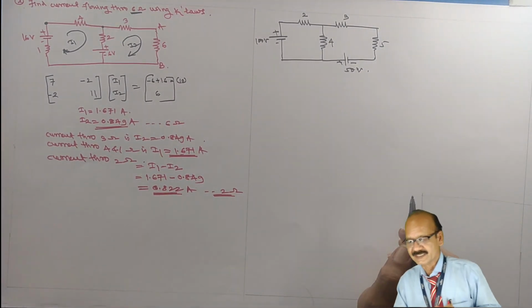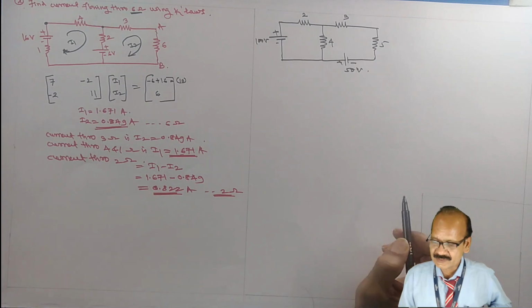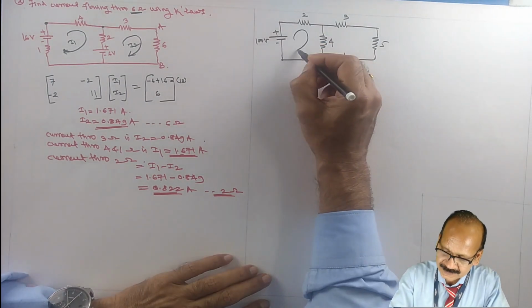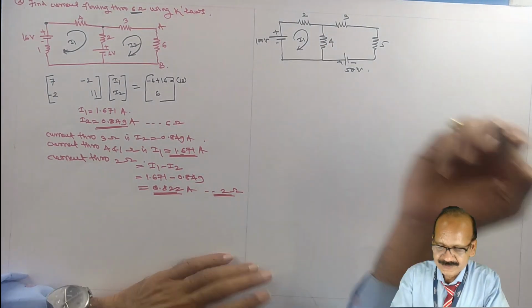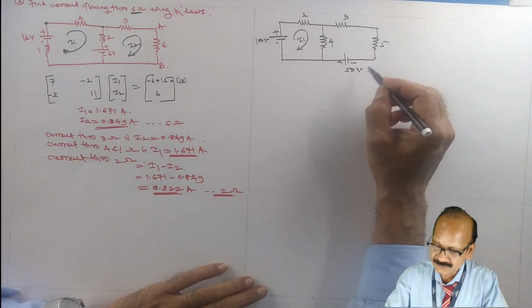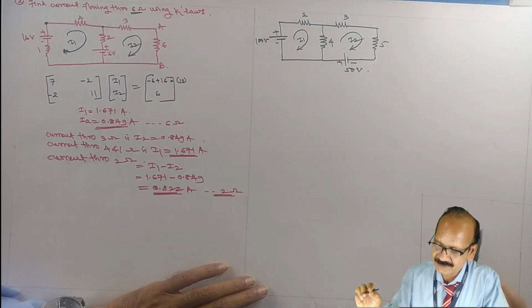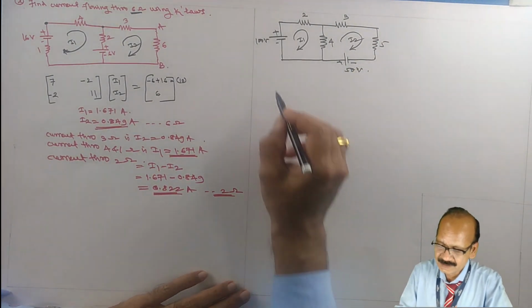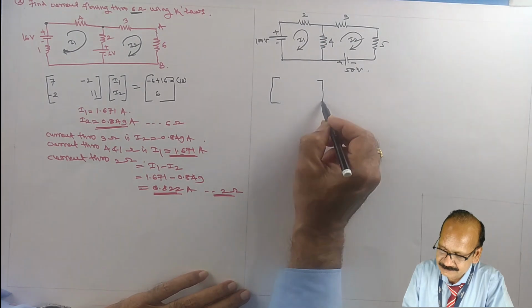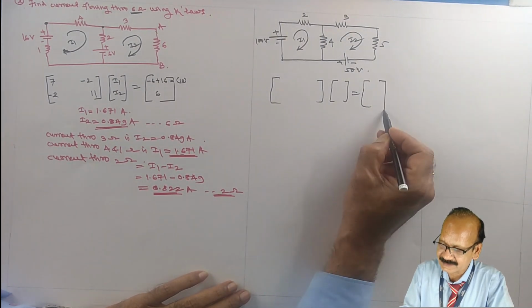So here are also 2 closed paths, that means 2 meshes, 2 unknowns. Let us mark them like this. Say I1. You can consider either clockwise or anti-clockwise, whatever you like. We have considered both in a clockwise direction. Now put the matrix directly by inspection only and solve it by using the calculator.